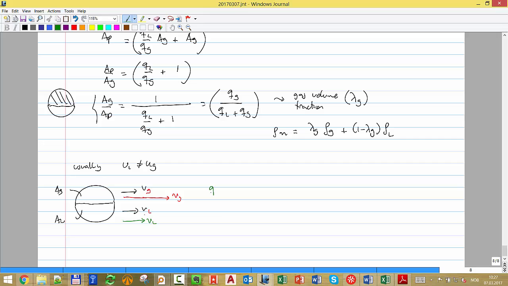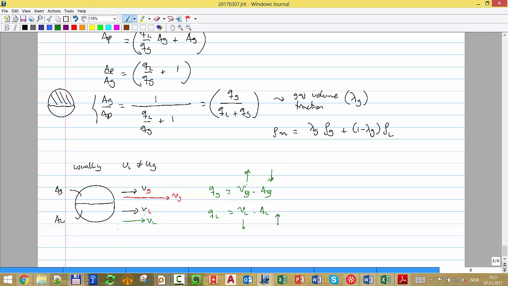We are still circulating QG and we are still circulating QL. That's still there. So if you see that, VG times AG and VL times AL, if this one increases, that one has to decrease, and if this one decreases, that one has to increase.